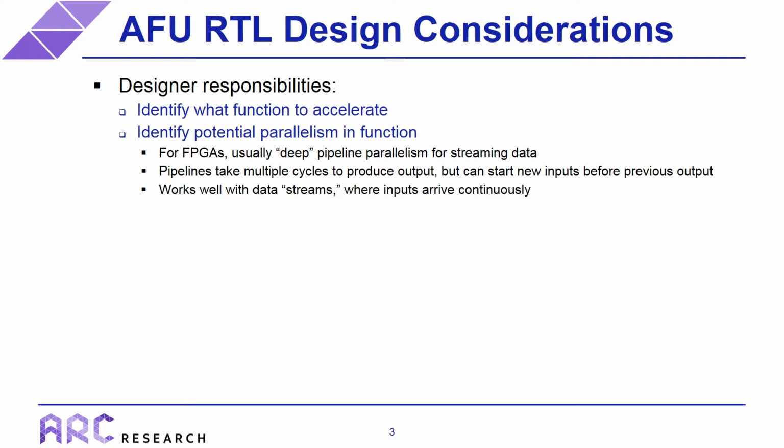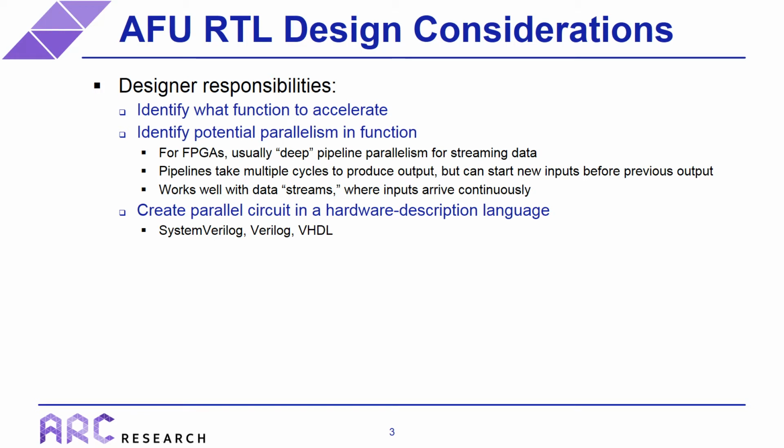Pipelines tend to work really well in FPGAs for streaming data because although the pipeline itself can take multiple cycles or even thousands of cycles to generate a single output, that pipeline can start new inputs before the previous outputs have finished. So in the ideal case, the pipeline can output an output every cycle once the pipeline is filled. And this tends to work really well with data streams where you have new inputs arriving continuously.